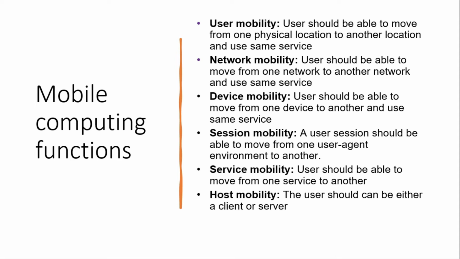Users should be able to move from one device to another and use the same service. Next, session mobility. A user session should be able to move from one user agent environment to another. Service mobility. Users should be able to move from one service to another. And last is host mobility. The user can be either a client or server.